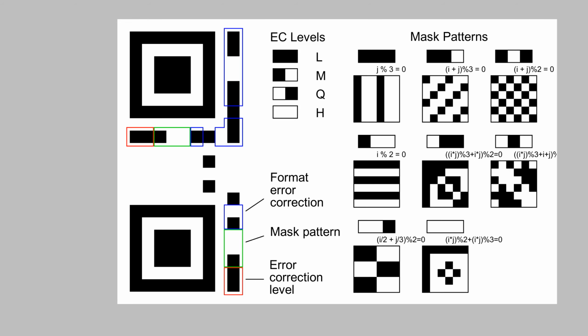The QR code reader must know which one of the masks we applied and also which level of error correction we are using. This information is encoded alongside the alignment patterns in the 3 corners. These 15 modules contain 2 modules for the error correction, 3 modules for the mask, and the remaining 8 modules are again Reed-Solomon calculated error correction modules.